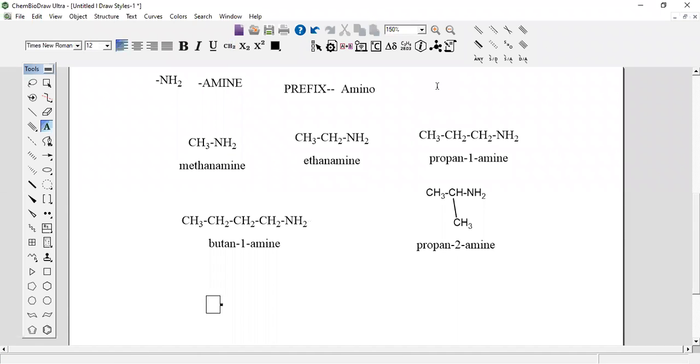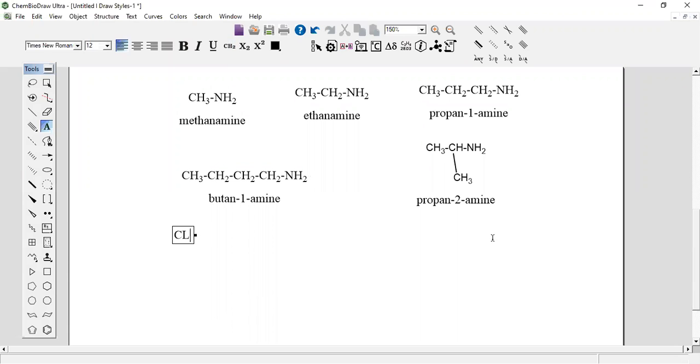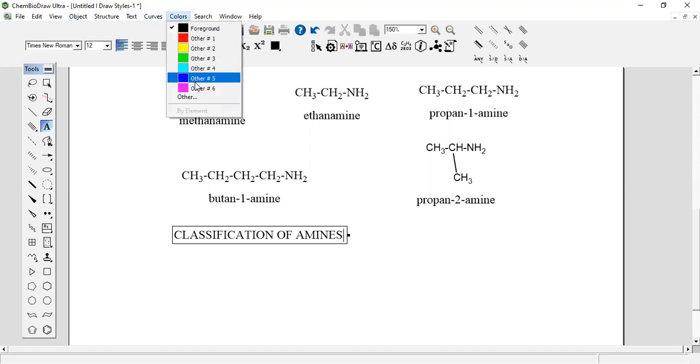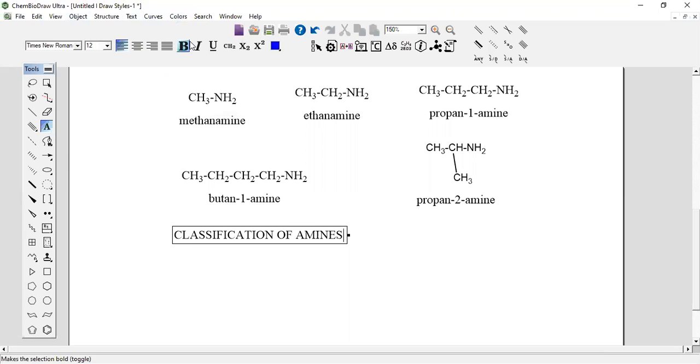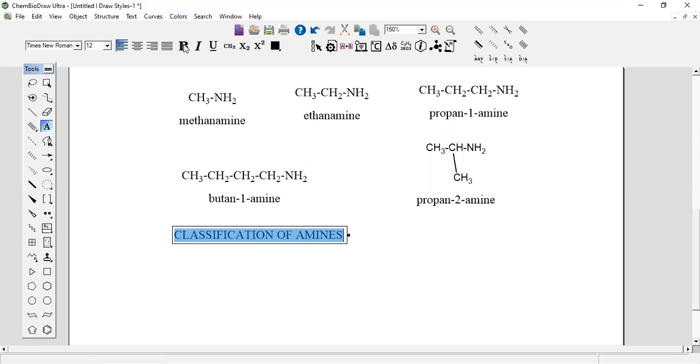Yes, sir. Okay, now let us go to another topic, classification. Classification of amines. Let us see the classification of amines. Now, amines are classified into different categories.